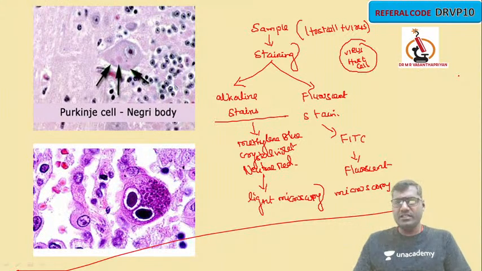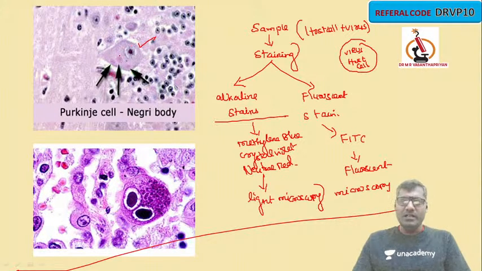Both will be receiving the color, either the alkaline staining or the fluorescent staining. So both structures are receiving the color, by which we are able to demonstrate the viruses along with the host cell.